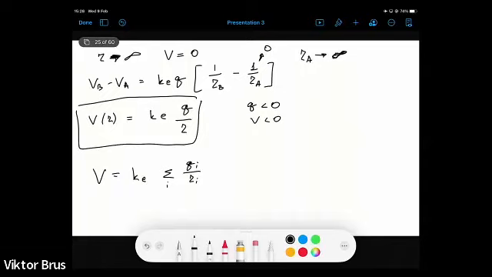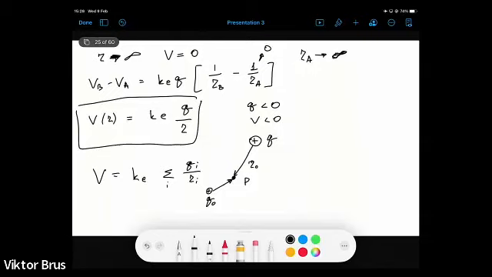So let us assume that we have some positive point electric charge Q, and to this point P, which is at a distance R naught from the point charge Q, from infinity, we move some positive test charge Q naught. So we locate this charge here in this point.